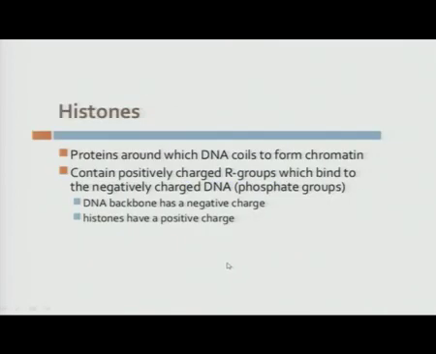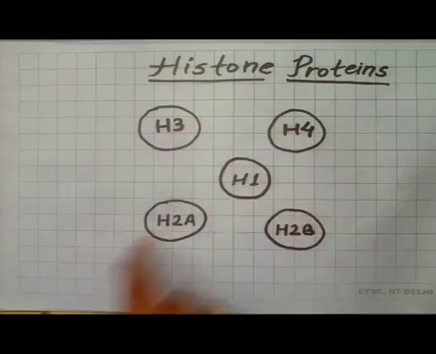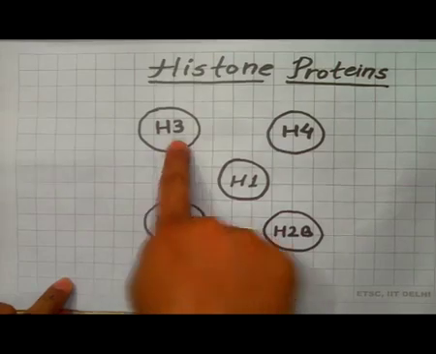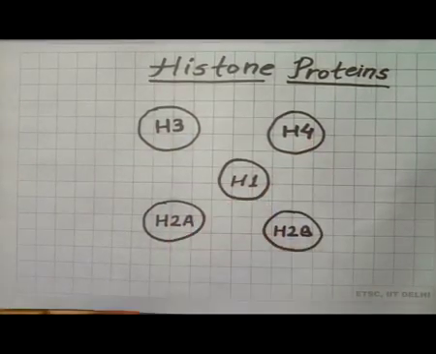Now the question which comes to our mind is, why is DNA wrapped on histones? Let us know how these proteins help the DNA to reduce its size. These are the 5 types of histone protein: H3, H4, H1 and H2A, H2B.